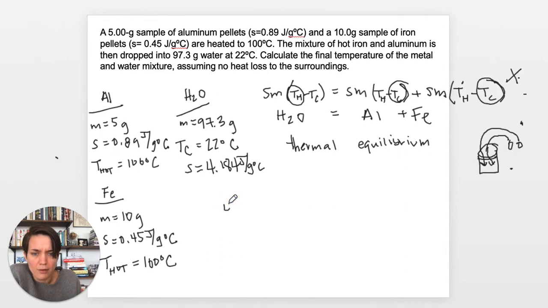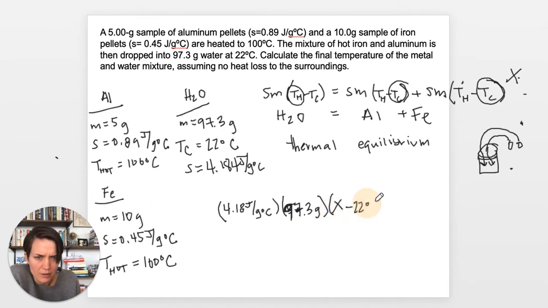So we have 4.184 joules per gram degree Celsius of water times our 5 grams, oops, sorry, not 5 grams, 97.3 grams. And then we have our temperature hot, which is X for our water, minus 22 degrees Celsius.